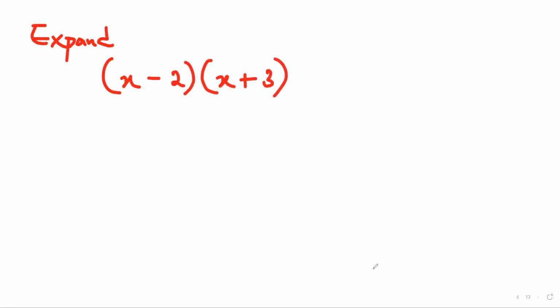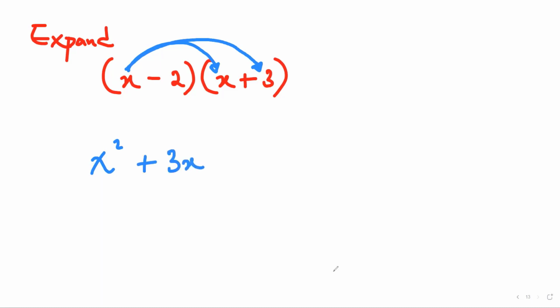Okay. How are we going to do this? Any clue, please? You do x times x, which is x squared. And then you do x times plus 3, which is plus 3x.